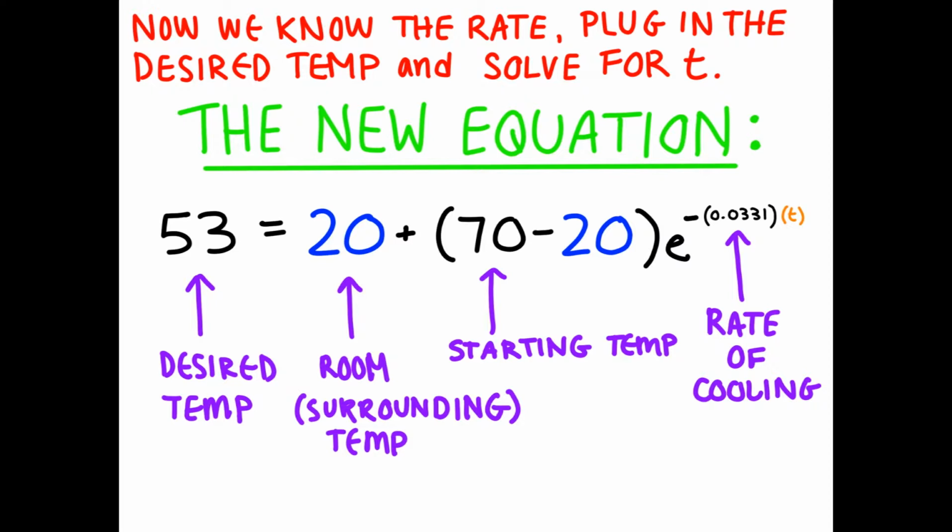So now that we know the rate at which the tea is cooling, we can just plug in the desired temperature that we want to reach so that we know how long it's going to take. Therefore, we're going to be solving for the variable t. So the new equation is going to be 53 degrees equals 20 degrees plus 70 minus 20, again, times Euler's e to the power of negative 0.0331, which is the rate at which it is cooling, times t, which is the unknown time.